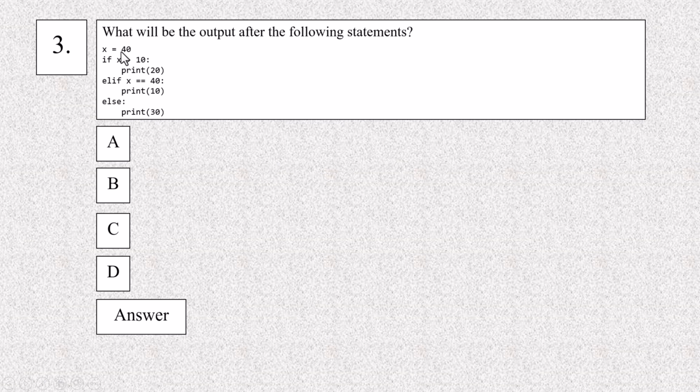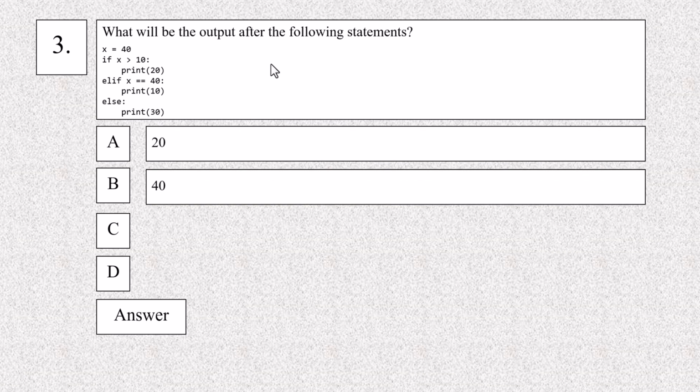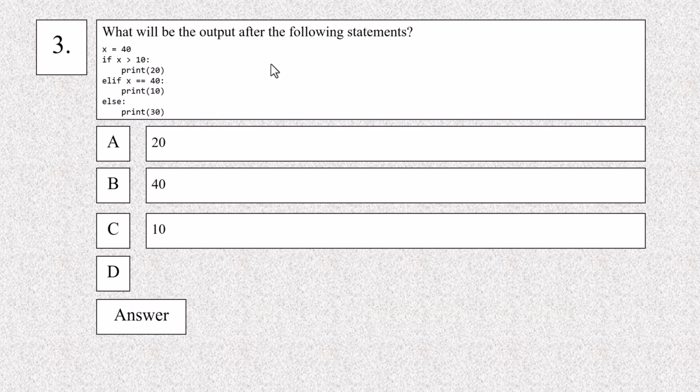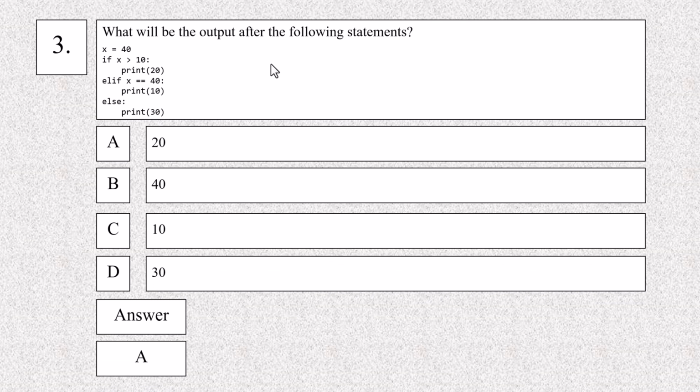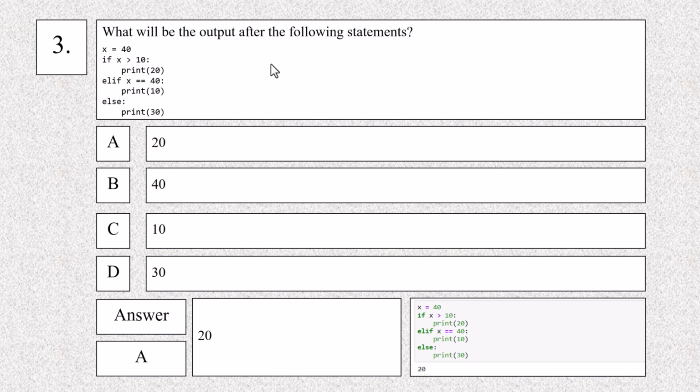So here you can see that our value of x is 40. So now we'll check the options. Option A 20, option B 40, option C 10, option D 30, and here the correct answer will be option A, that is 20. And if you run the same in the Jupyter notebook, it will give 20. Why?